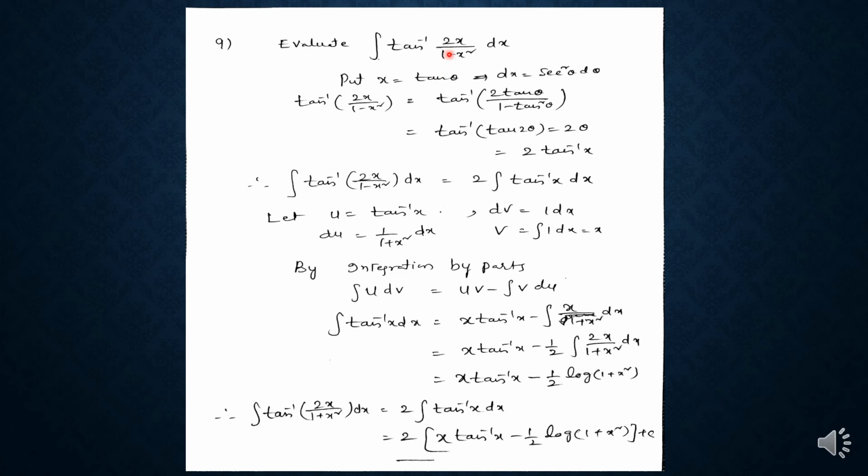What is that substitution? By putting x is equal to tan theta, this becomes tan inverse of 2 tan theta by 1 minus tan square theta. Put x is equal to tan theta, then dx is equal to the derivative of tan theta, secant square theta d theta.